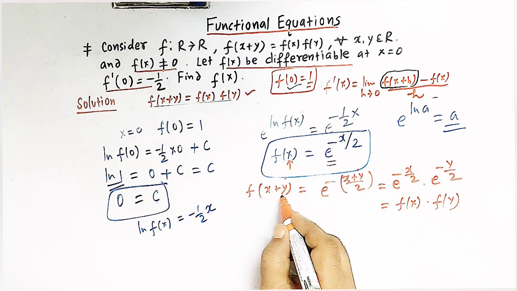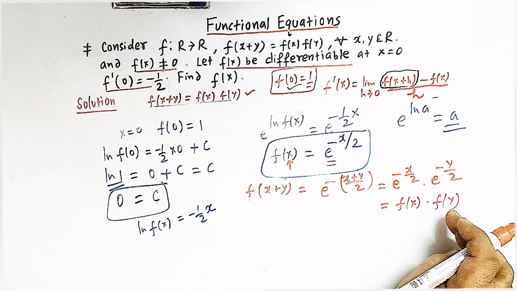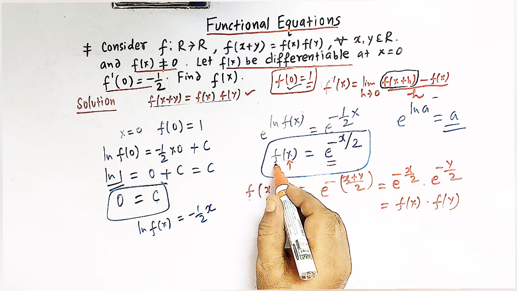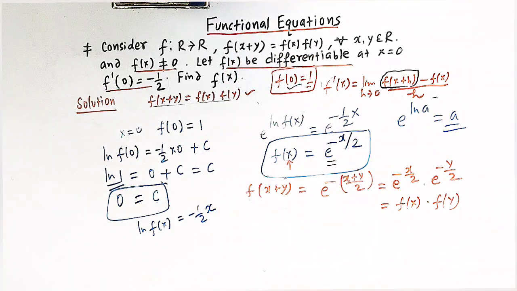So we get f of x plus y is equal to the product of f of x and f of y. So this function is a solution of this functional equation.